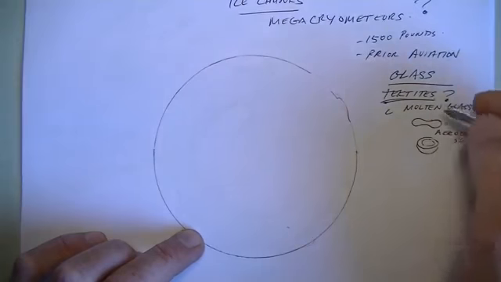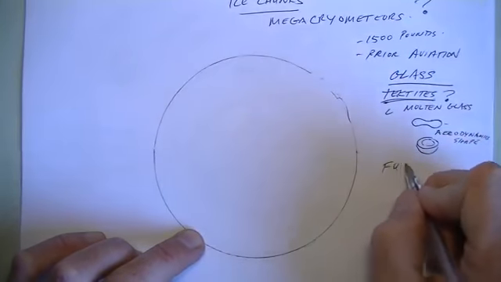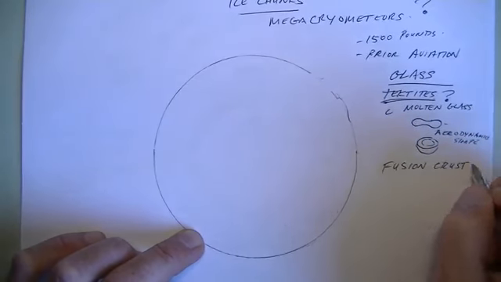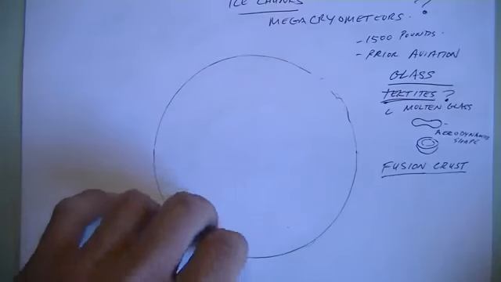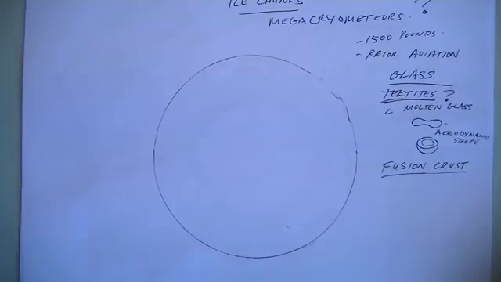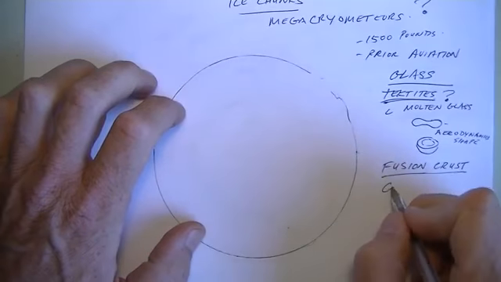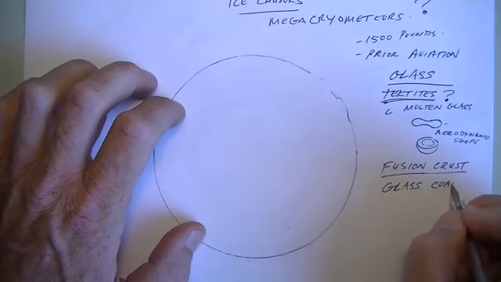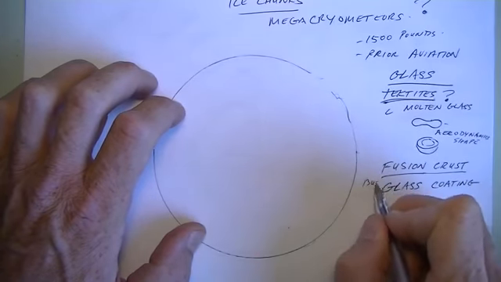To them, to me, it's not a mystery. It's very simple where they came from. Fusion crust on meteorites. Fusion crust. One of the main features on meteorites, and the way to detect whether a rock is a meteorite or if it's just a terrestrial rock, is that it's covered with a glass coating about 1 millimeter thick. It's burnt glass.